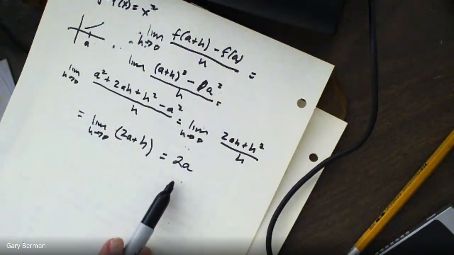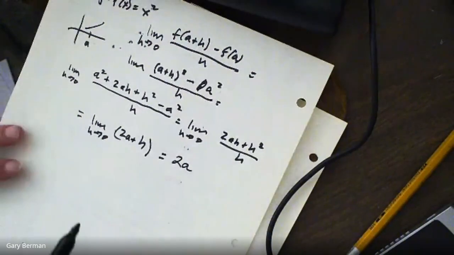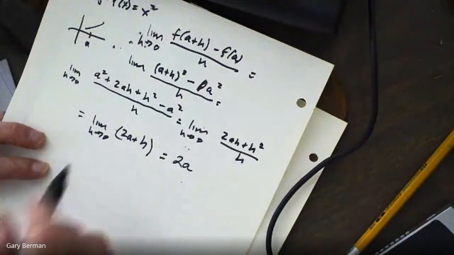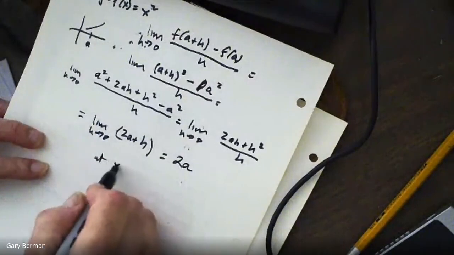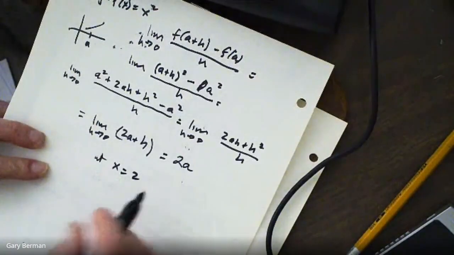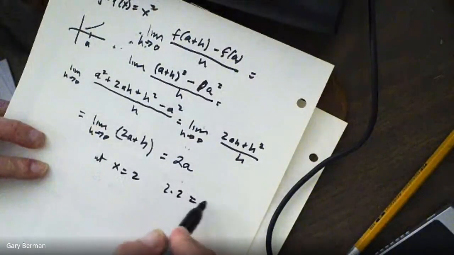It's 2a, for any x, any value you want. So if I want to know what is the slope of the tangent line to the curve x squared at the point x equal 2, I don't have to do a lot of calculations now that I know this. It's simply 2 times 2 is 4.